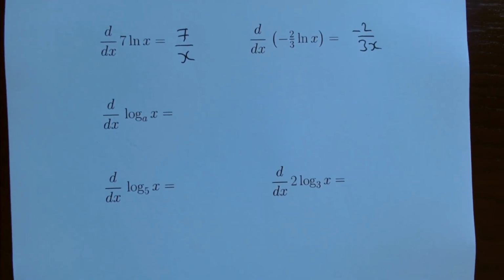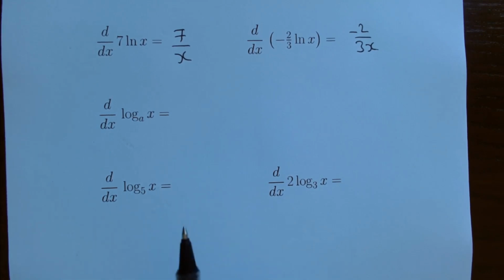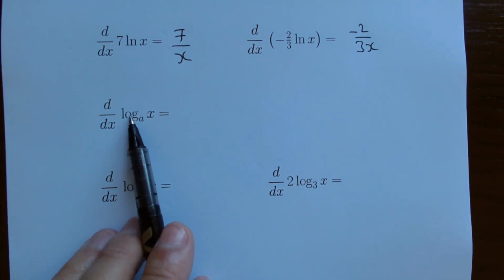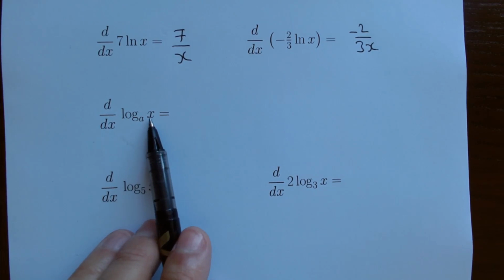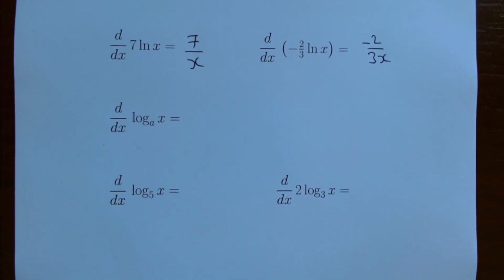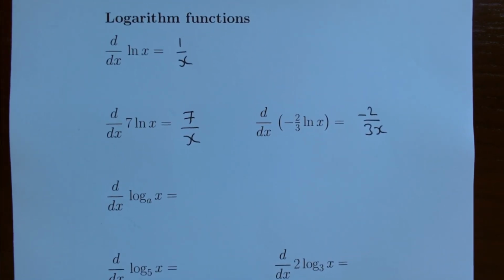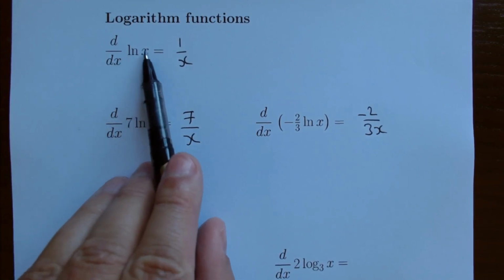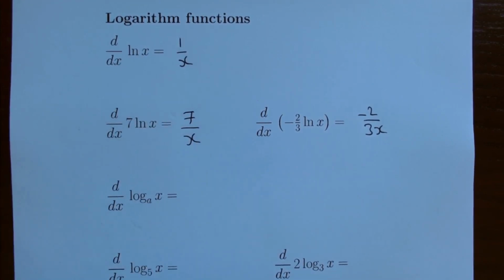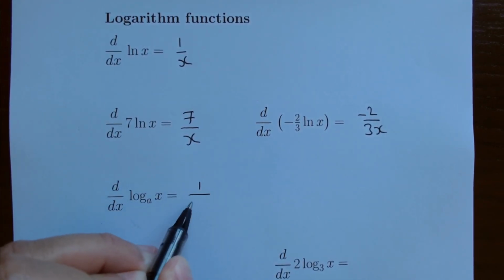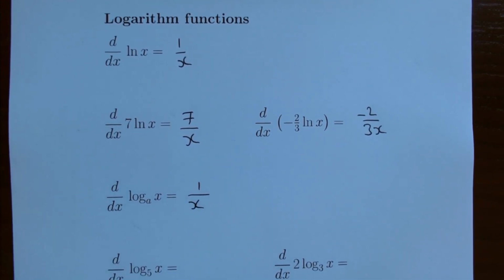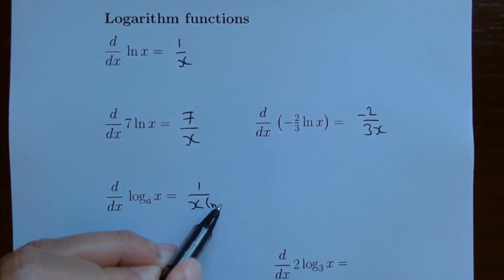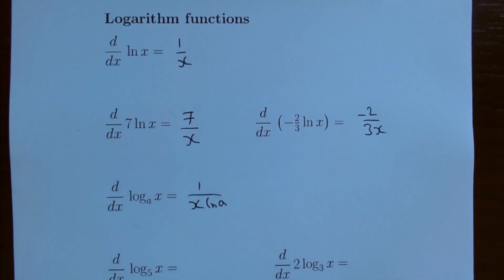Okay, so what about more general logs when it's log base a of x? So just as with the natural logarithm you get a 1 over x, you also get a 1 over x, but now we get an extra factor, and that extra factor goes at the bottom, and it's going to be ln a, and that's the rule.